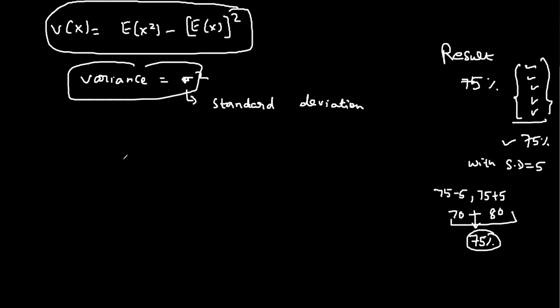Whenever you purchase any electrical item, let's suppose you are purchasing a cell, in the cell it is always written plus minus 0.5 volt. It means plus minus 0.5 is the standard deviation. It means that if the battery is taking 5 volt, it can also take extra 0.5 volt or 0.5 volt less.